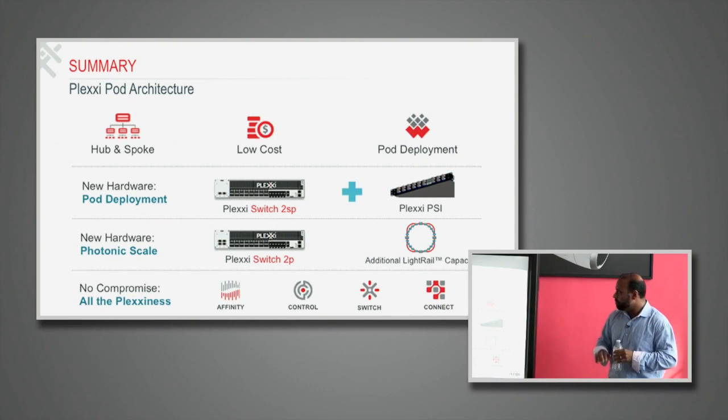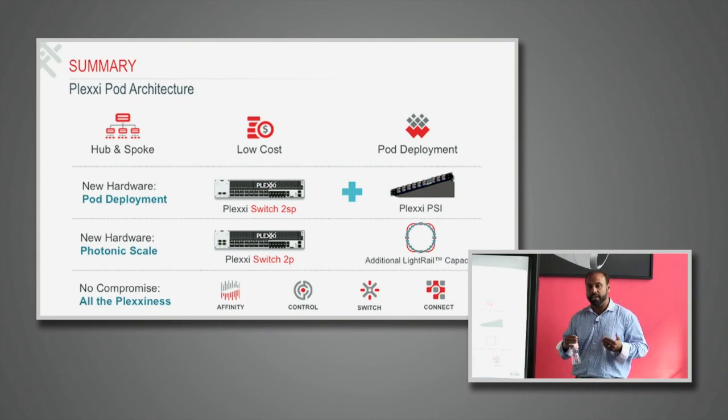To summarize the pod architecture, the goal for the customers was a hub and spoke wiring pattern. What customers are doing in a lot of cases is top of rack switches in each of the racks, and they want to wire everything into the middle of the row. So the PSI goes in the middle of the row, and that's a very familiar wiring pattern for them.